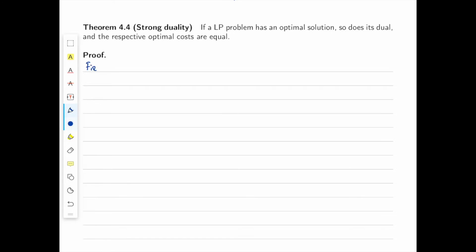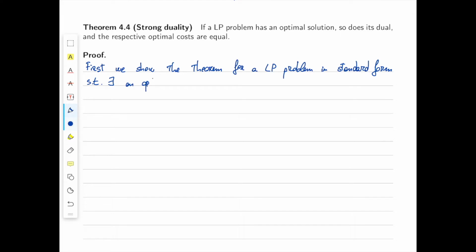So first, we show the theorem for a linear programming problem in standard form such that there exists an optimal solution and the rows of A are linearly independent.